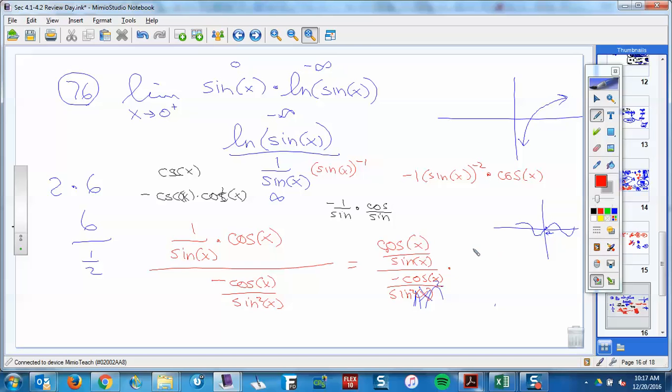I can flip this up here and have sine squared x over, and there's a negative there, right? So I can flip this up and multiply. So what happens? Cosine cancels, one sine cancels, and I got a negative in there, negative sine. Come back to this, plug in a 0.